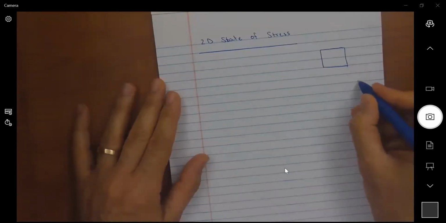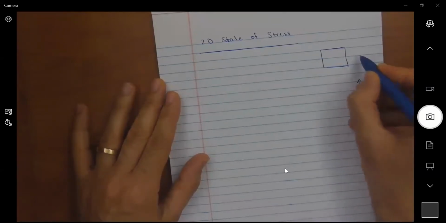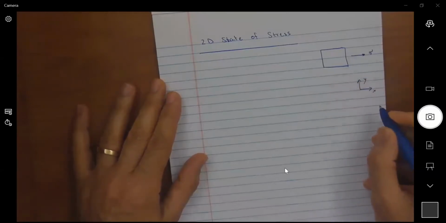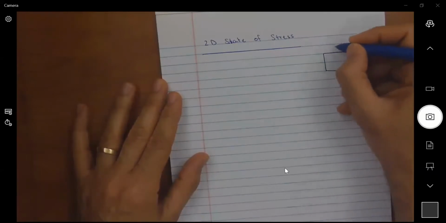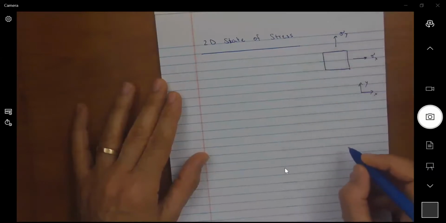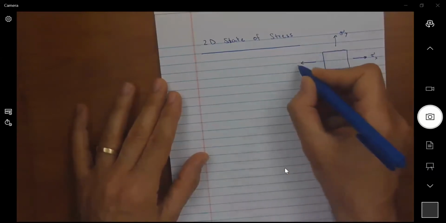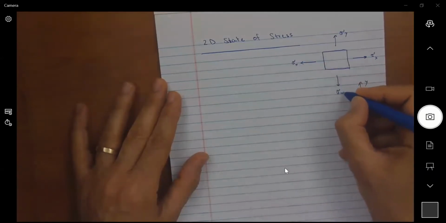So if I'm working in the XY plane, this is my X face, and on my X face, I'm going to have a normal stress, sigma X. This represents my positive Y face, and I can have a sigma Y. And of course, the negative X face is also going to get a sigma X. Negative Y face is also going to get a sigma Y.